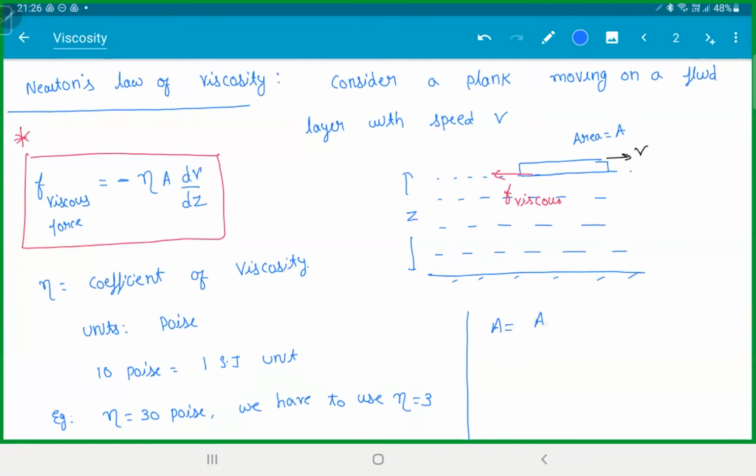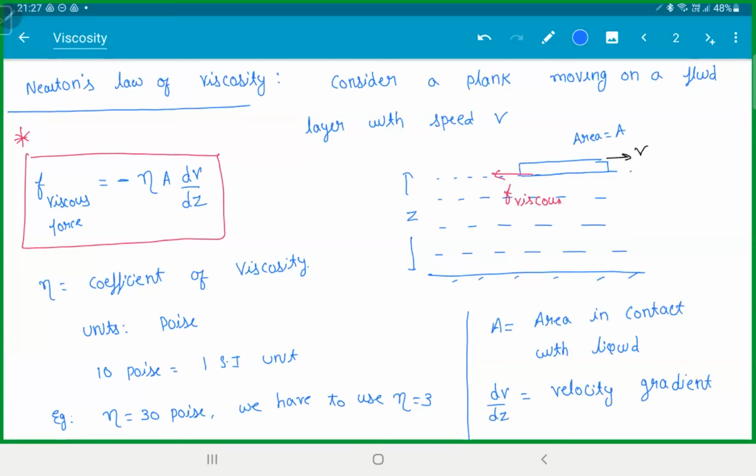A is the area in contact with the liquid. This quantity dV by dz, anything that changes with position is called a gradient. So this is called the velocity gradient. Let's see what our velocity gradient is.